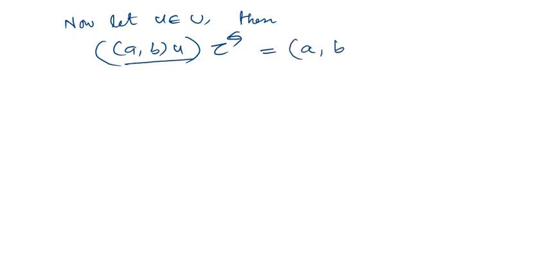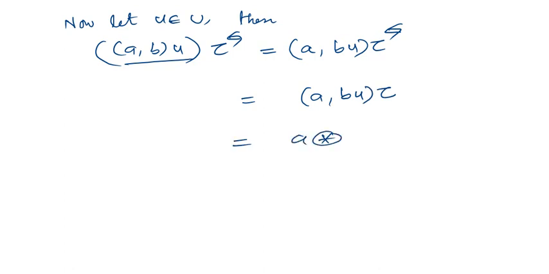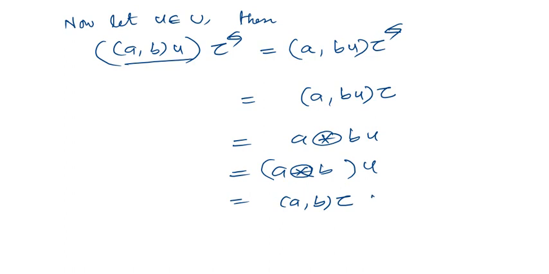It's ABU of tau natural, and by definition it's the tau class of ABU, that's A tensor BU, and again by definition of action this is A tensor B of U. But A tensor B is the tau class of AB, so this is AB tau natural of U. Therefore tau natural is a TU map.